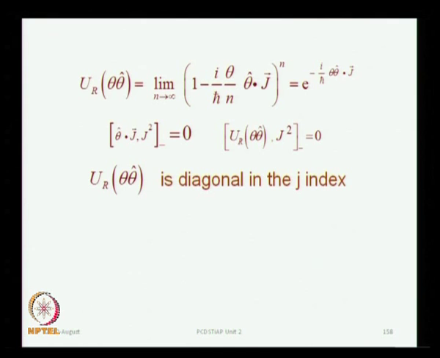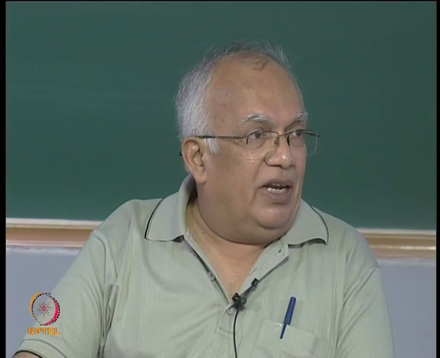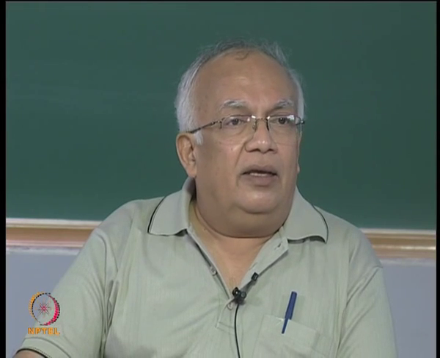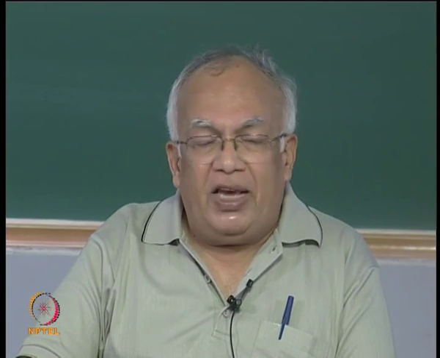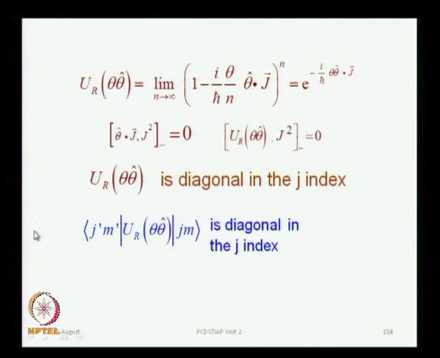So you can always choose j as one of the indices to label it, because it is diagonal in the j index and it will be fixed for every element. So this property we will exploit, that the rotation matrix is diagonal in the j index.